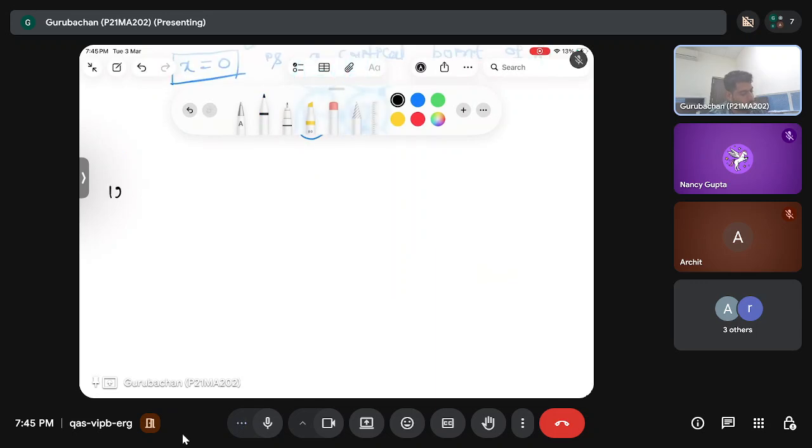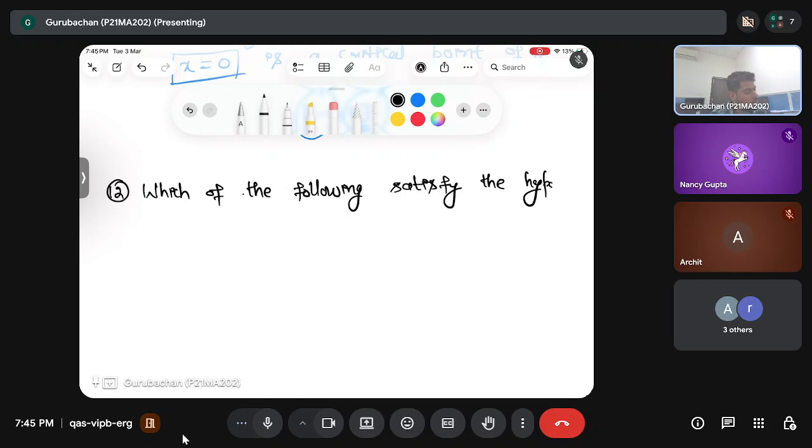Question number 12. Which of the following satisfy the hypothesis of mean value theorem?